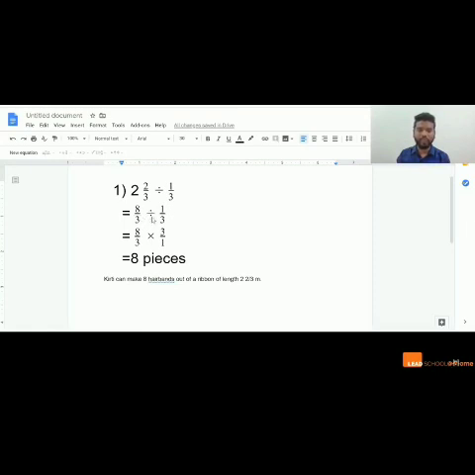And then instead of dividing by 1/3, I multiplied and used the reciprocal of that fraction. So Kirti can make 8 hairbands out of a ribbon of length 2 and 2/3 meters, of length 1/3 of a meter each.